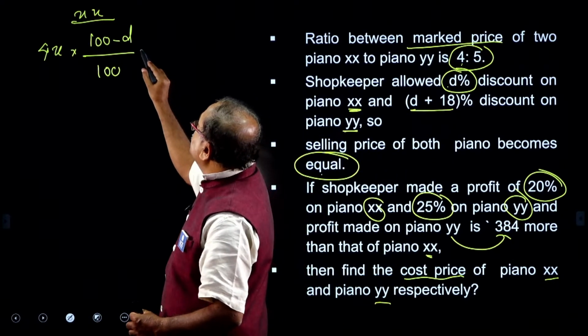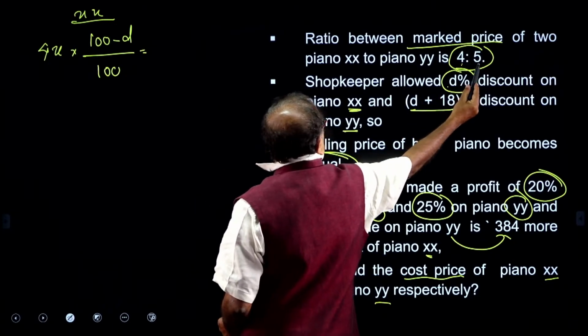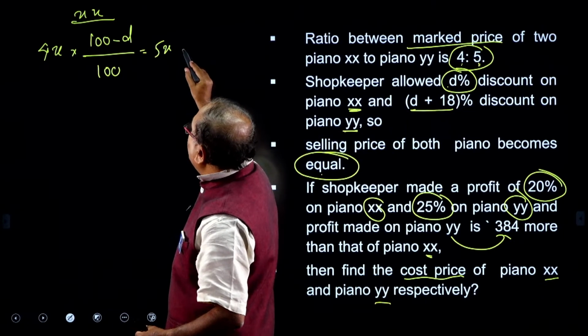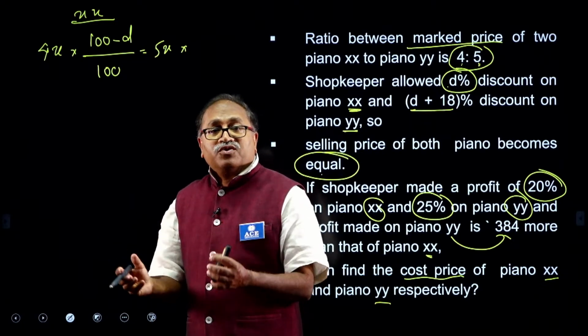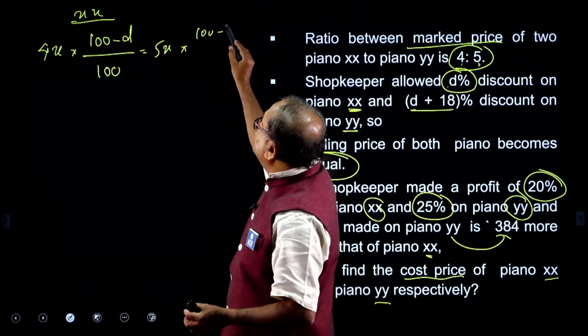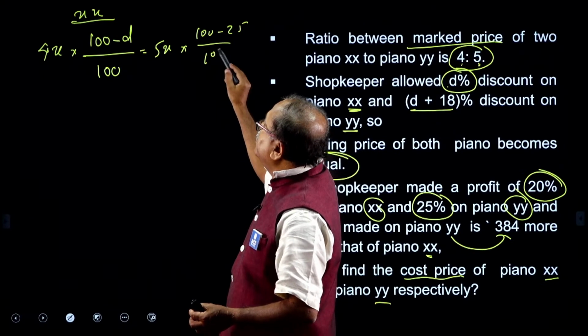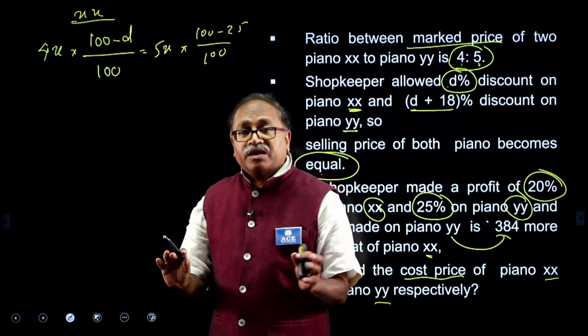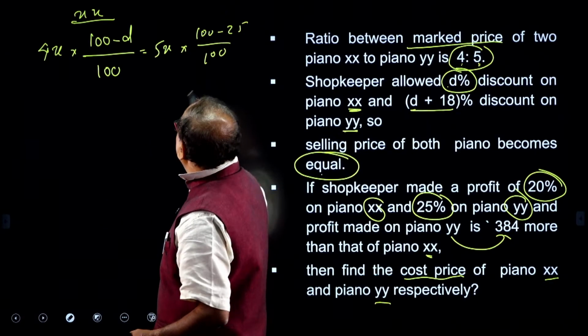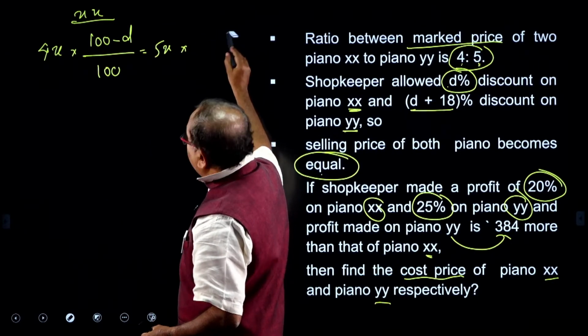Which is equal to, I will consider 5x is the mark price, and if a 25% discount is there, what you do here, 100 minus 25 by 100, in other words 75 by 100 of the mark price. The same way here the discount is given something else, and what is that discount?